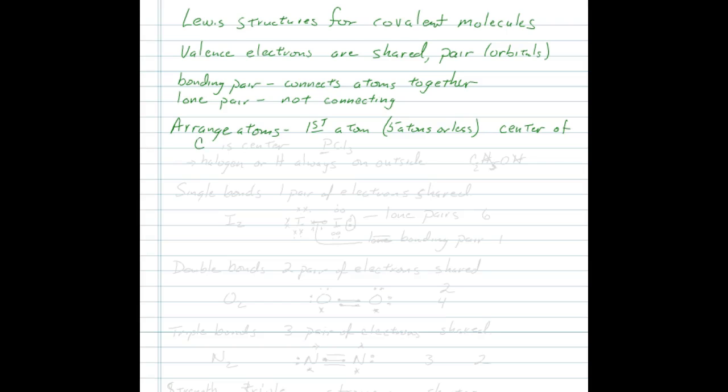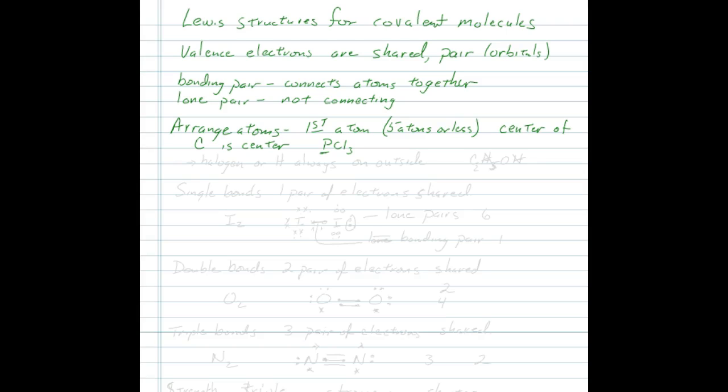Almost all the time, carbon is in the center, or if it is an element in the compound I underline, the underlined one will be in the center. So that's how you can tell if something's in the center.